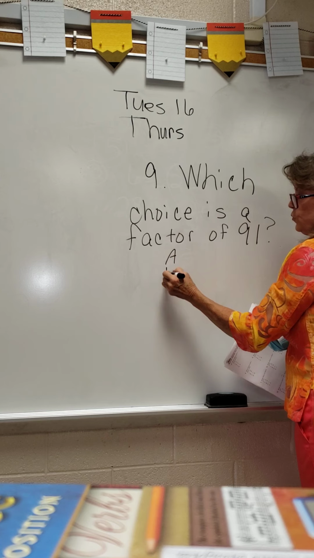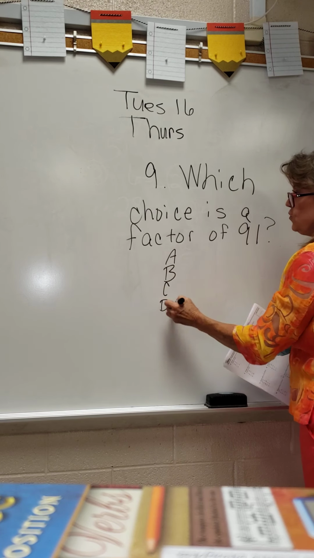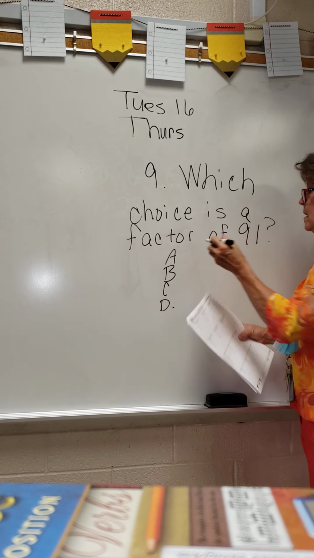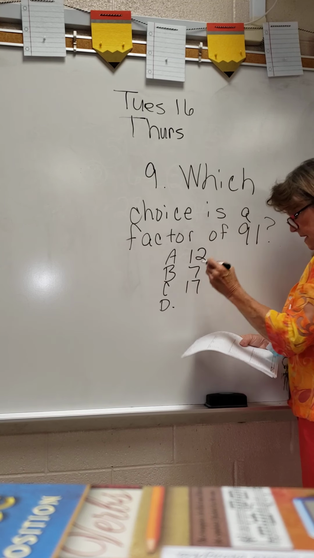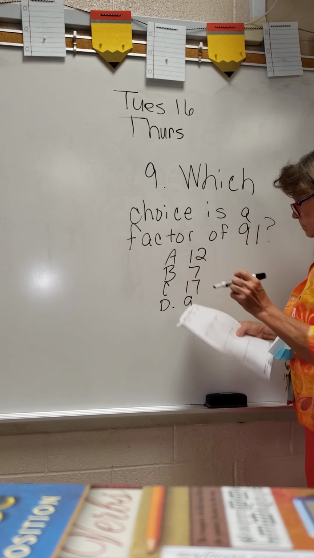Okay, and we're given 4 choices, A, B, C, and D. Excuse my writing, it doesn't look too pretty today. So our choices are 12, 7, 17, and 9.